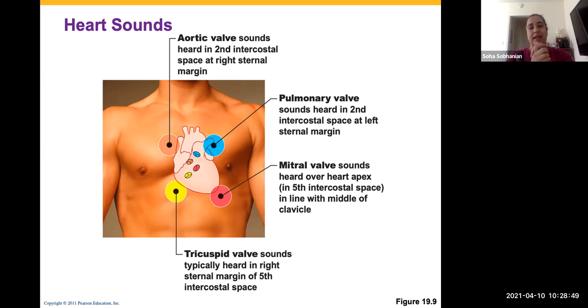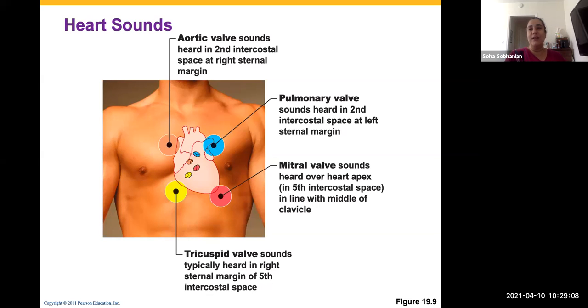And again, the details are here. If you want to learn it for your sake, to be prepared for your nursing school, or if you're an EMT or you're interested in EMT, then you wouldn't need to learn these specific locations, but otherwise you are good with the description that I provided for you.